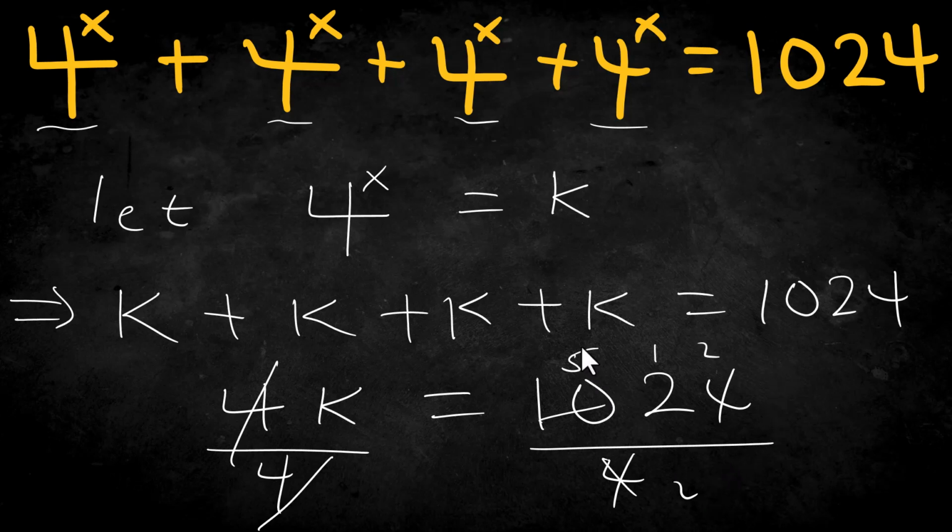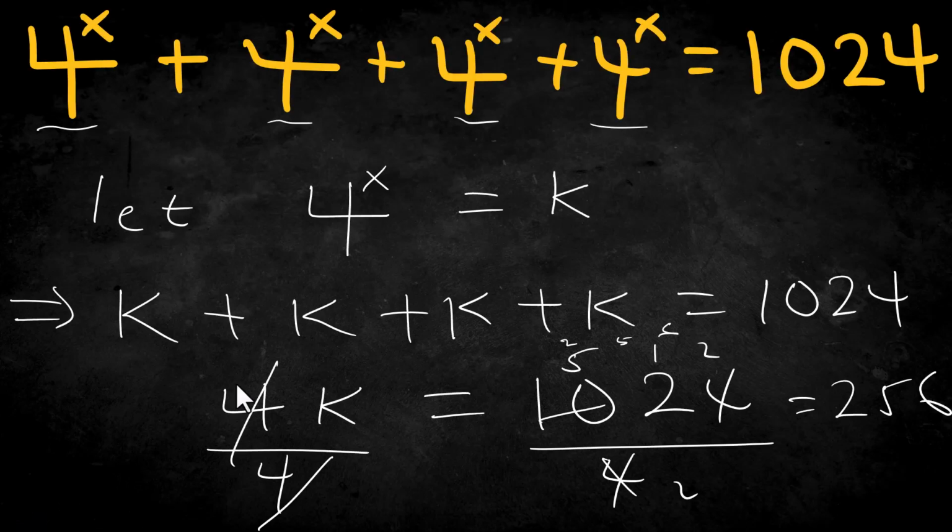So 2 here, 2, so it's 11, 2, 5, 10, 2, 6. So 256 is equal to k. So we have k as 256.